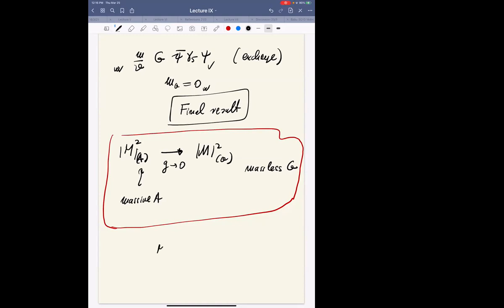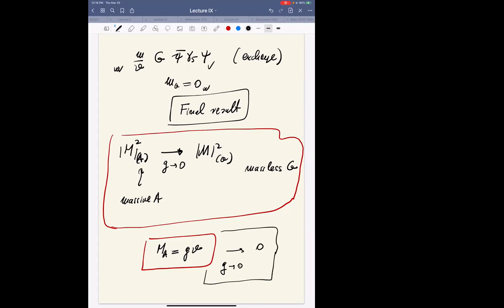And it all was based on this beautiful result that M_A is g over v. This is a central thing that is very important here, so that this goes to 0 when g goes to 0. This is what the Higgs mechanism told us. All the particle masses go to 0 when their couplings go to 0.